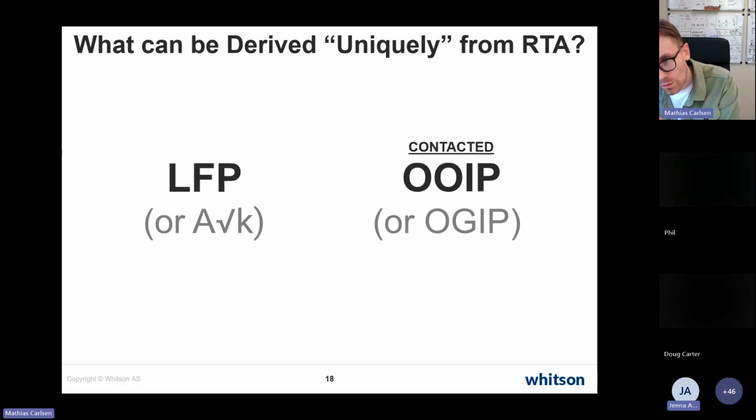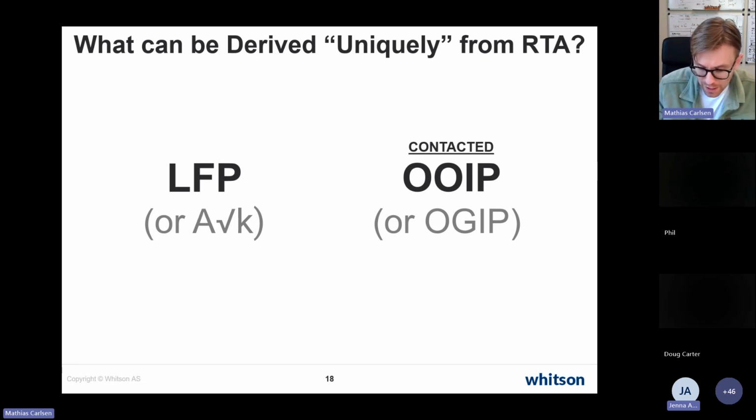The contacted pore volume will correlate with EUR because the contacted pore volume multiplied by the recovery factor is the definition of EUR. So I've seen some papers where they present some relationship between their EUR and their A root K. That's totally fine, but behind the scenes, it must physically be a correlation between LFP and the contacted pore volume.